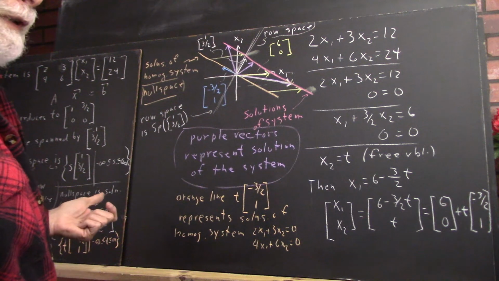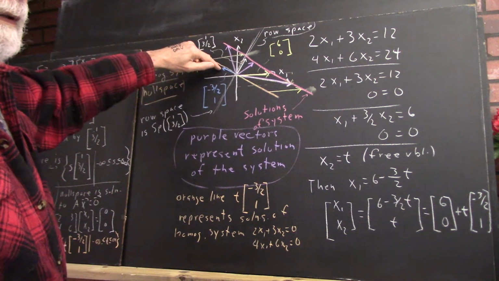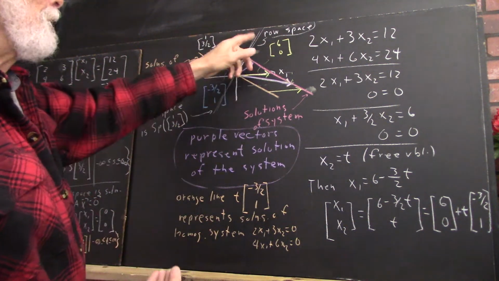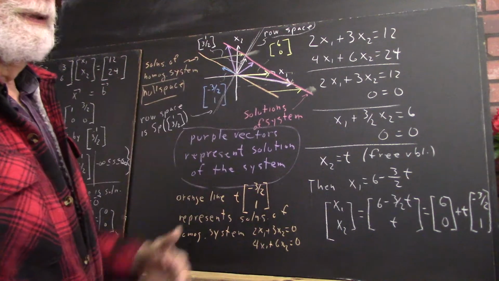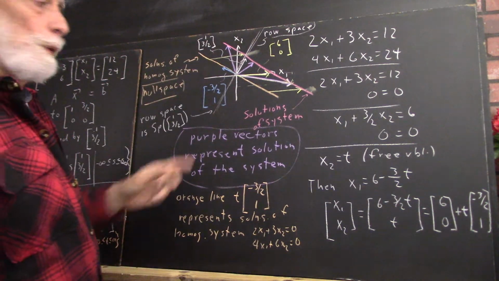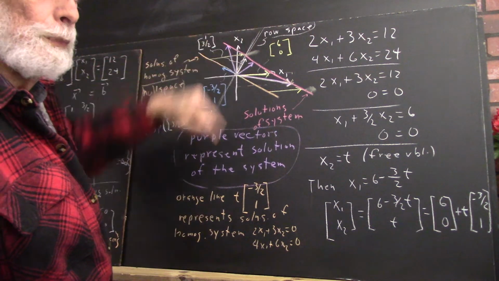We can easily verify that the vector here is perpendicular to this vector. And that's always got to happen. Your row space always has to be perpendicular to your null space. To see that that's so, what's the slope of this line? Well, the rise is 3 halves, the run is 1.